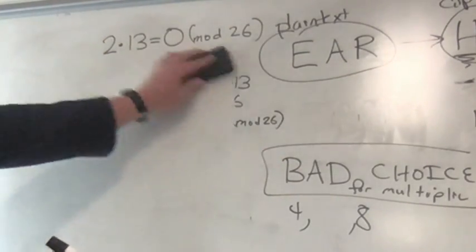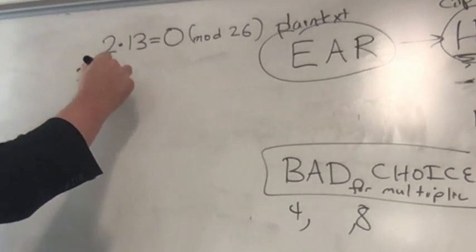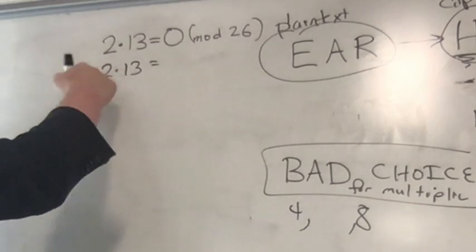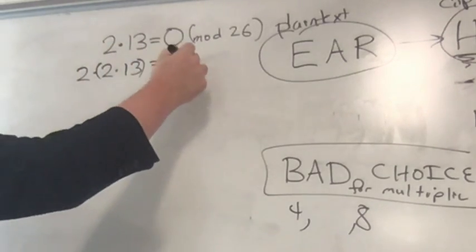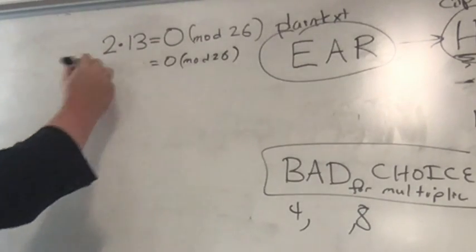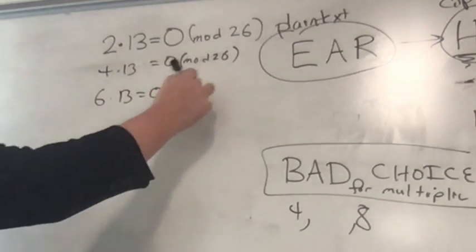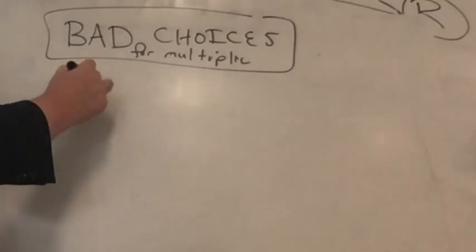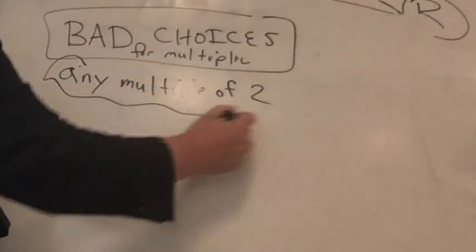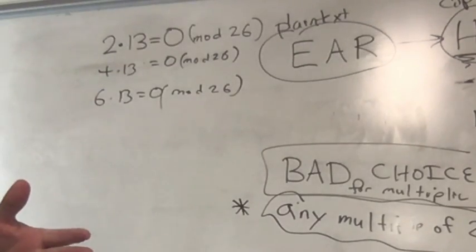But then as soon as you start multiplying it by anything, like 2 times 2 times 13, is still going to be 0 because this is 0. So 4 times 13 is 0 mod 26. 6 times 13 is 0 mod 26. Do y'all see what I'm saying here? Another really bad choice.